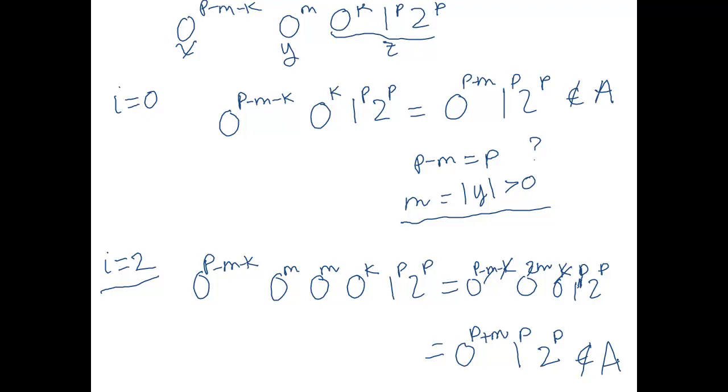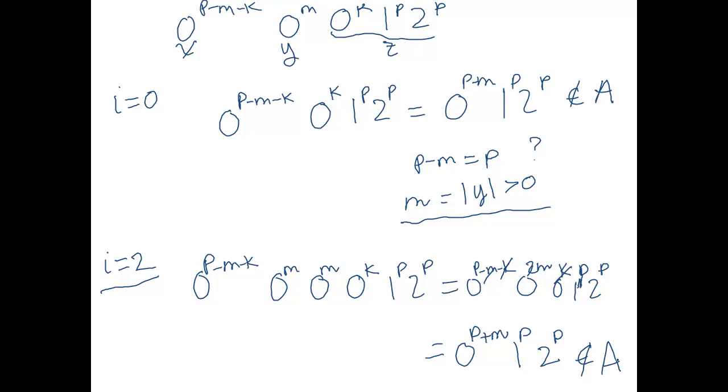I don't need to show both. I just need to say I found an i such that x, y to the i, z is not in A. Okay? So then we can conclude that this string is not pumpable, and then we can conclude that A is not regular. So that finishes our proof.